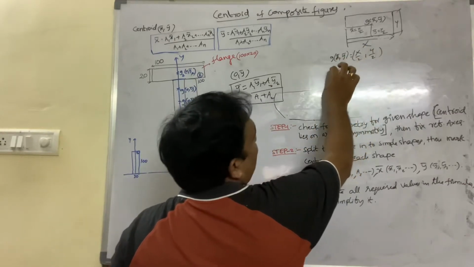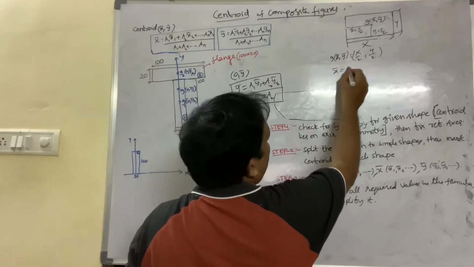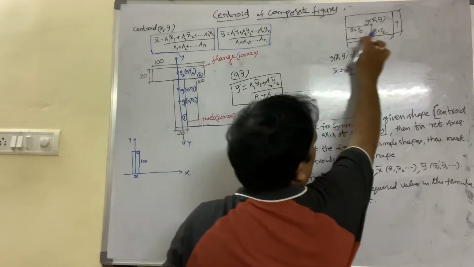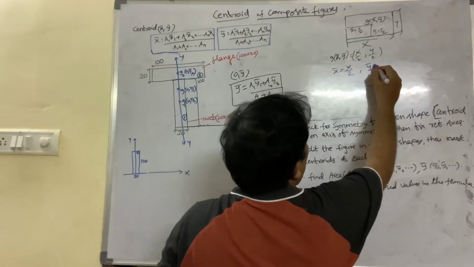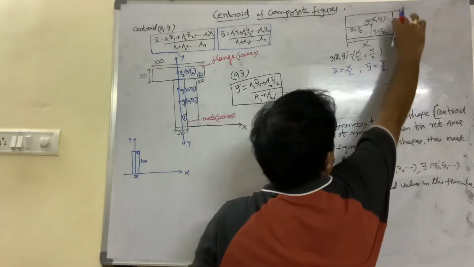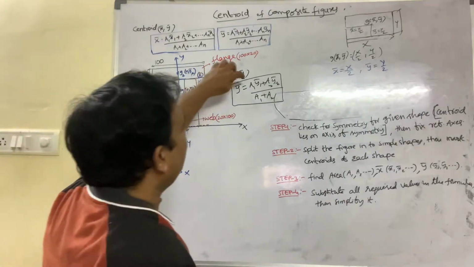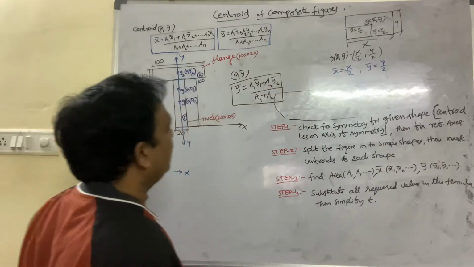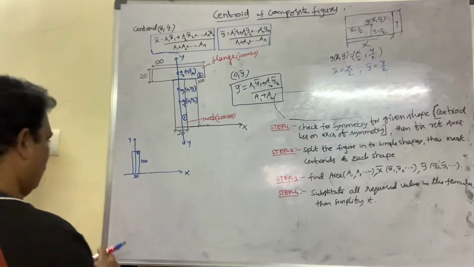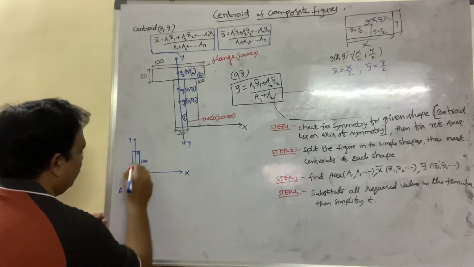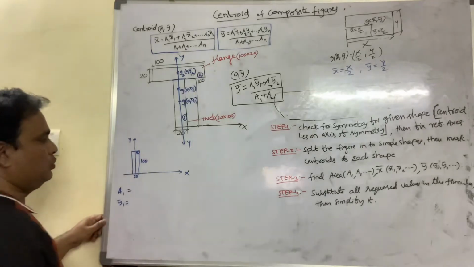That means the horizontal coordinate of centroid x bar is half the horizontal distance, and the vertical coordinate of centroid y bar is half the vertical distance. So here we require only y1 bar and y2 bar because the centroid lies on y-axis. So let us find out the area of the first member and y1 bar of the first member.